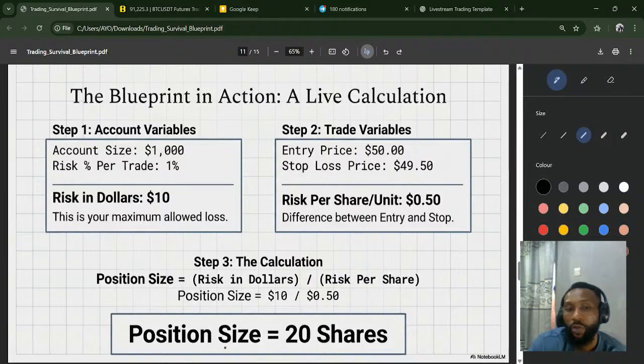You understand? So this is now your position size, 20. This is what you put in. I'll show you where you put your position size. This is a simple calculation.